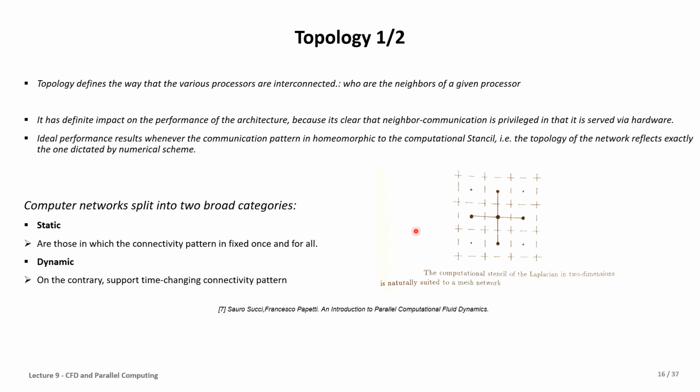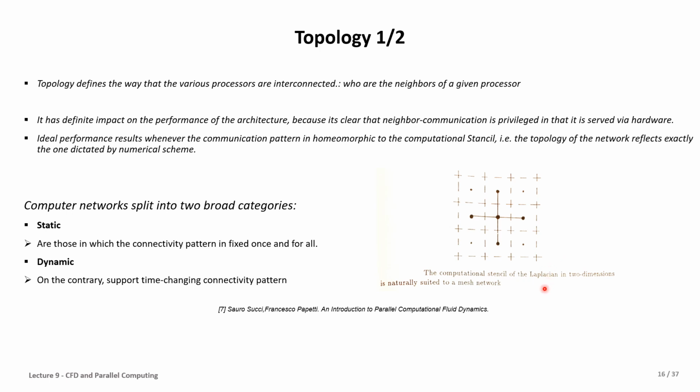So it's essential to select the correct topology for the solution. In this regard, computer networks split into two broad categories, static and dynamic. In the static one, the connectivity pattern is fixed once and for all. However, the dynamic one supports a time-changing connectivity pattern.